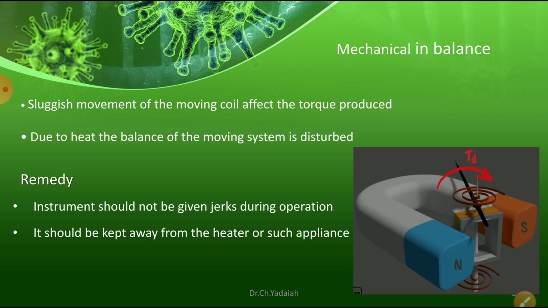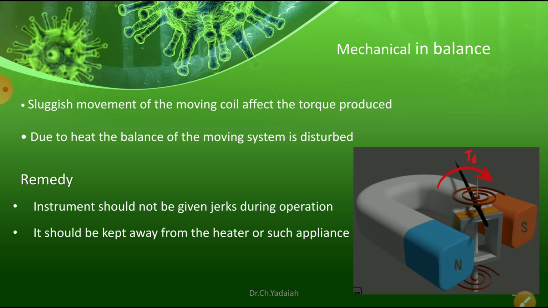So while you are using the MC coil instrument, keep in mind that you should not give jerks on the instrument. At the same time, you have to stay away from heating surroundings where you are going to measure. These are the two remedies we have to follow.